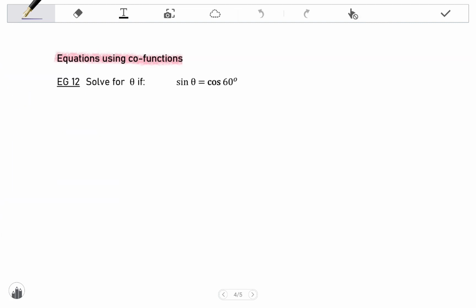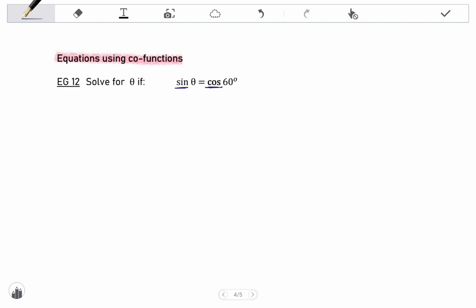Now we take that knowledge into what we are going to do here, which is using cofunctions to solve equations. Here we are told to solve for theta if sine theta equals cos 60 degrees. So I have sine and I have cos, and the angles are different.